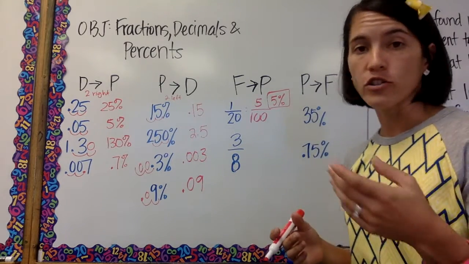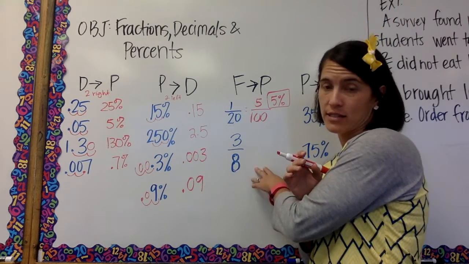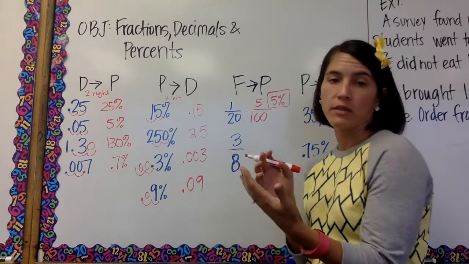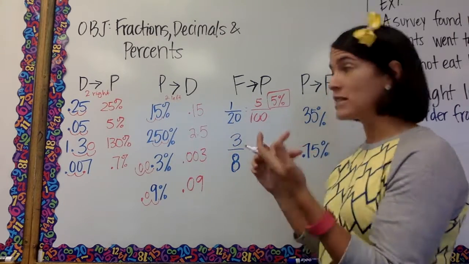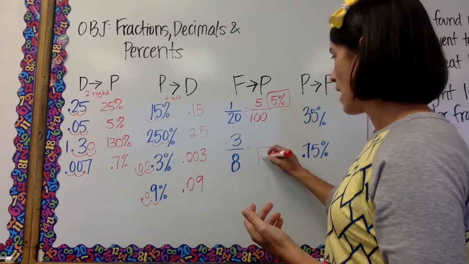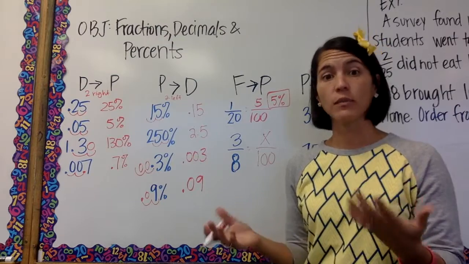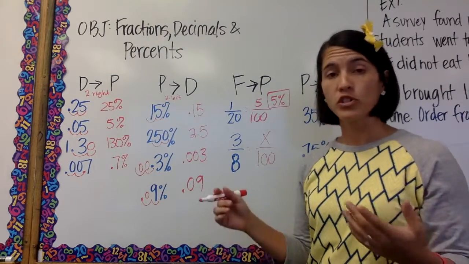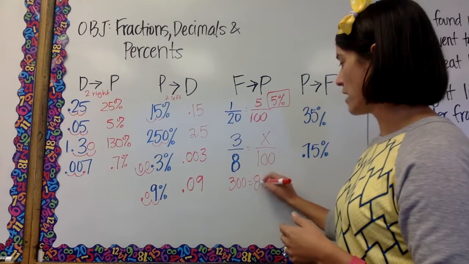Well, if you have a fraction that cannot make 100 easily, like 3/8, 8 times something, but not a whole number like 20 times 5, just set up a proportion, and like we've learned, x over 100, because x would be the percentage. If you set up a proportion, you will cross multiply, so you get 300 equals 8x.